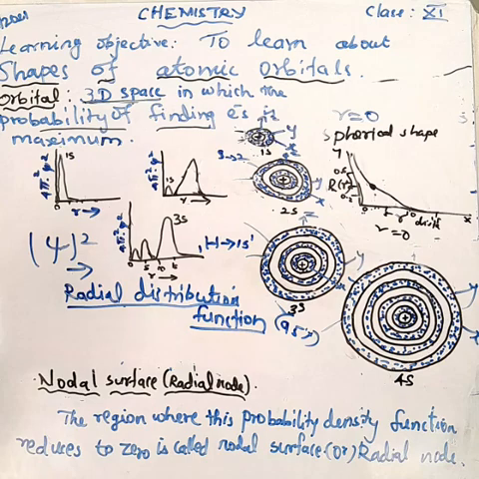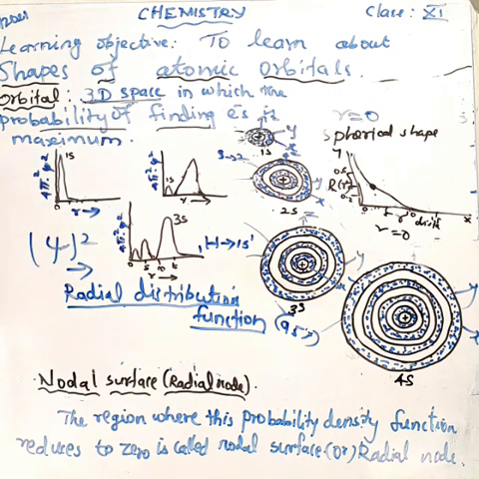Understood? These are about the 1s orbital of the hydrogen-like atom.